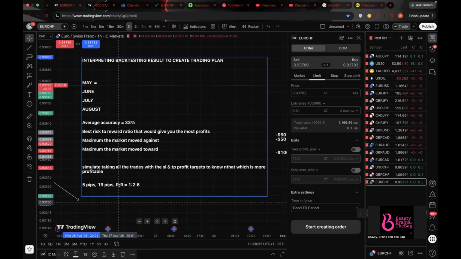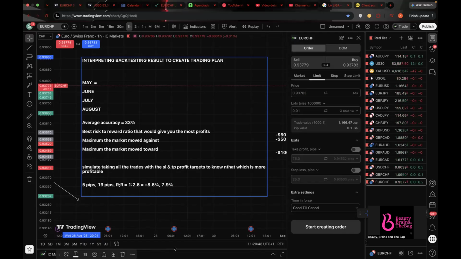So if I'm using this particular plan, my profit in June would be 8.6% if I'm risking 1% per trade. Not bad. My profit in July will be 7.9% if I'm risking 1% per trade.